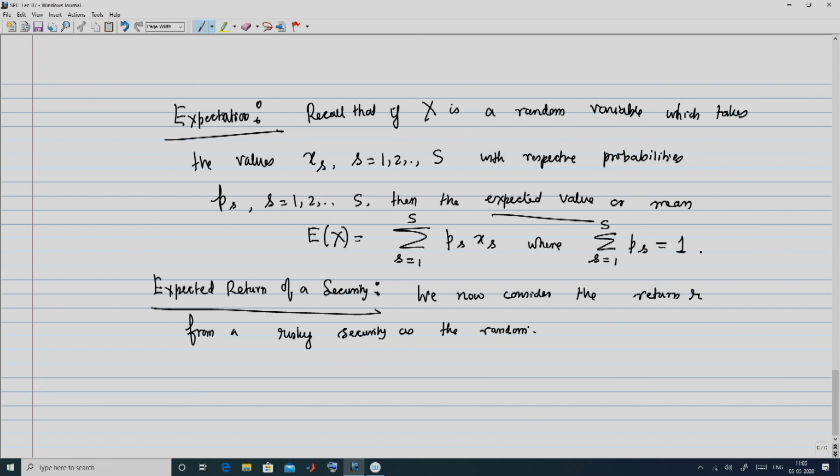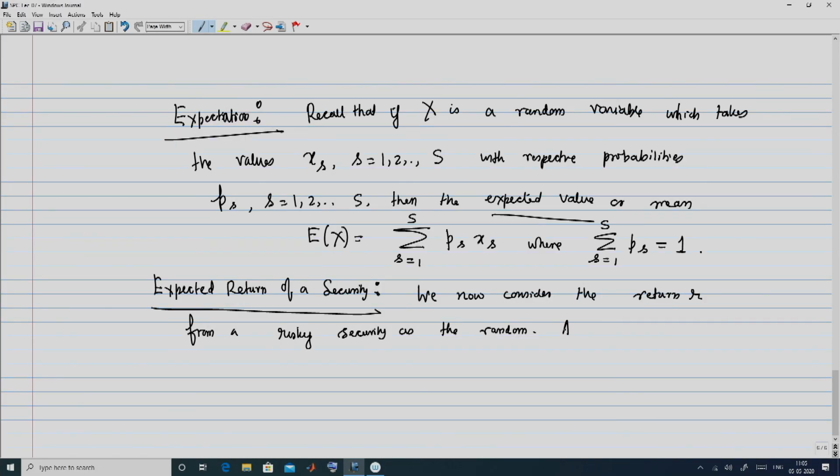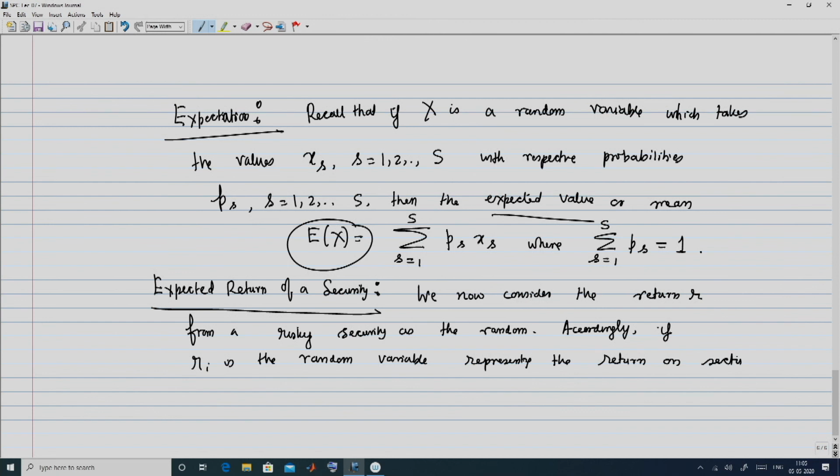Here I am choosing the candidate for x to be the return from any particular asset. So I will now extend this definition of E x to that of the return of a security. Accordingly, if Ri is the random variable representing the return on security i, I choose some generic security which I call the ith security.